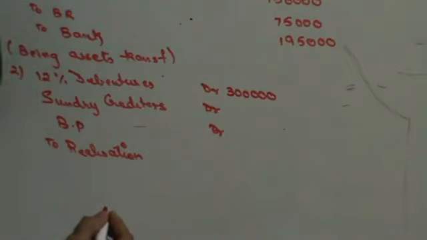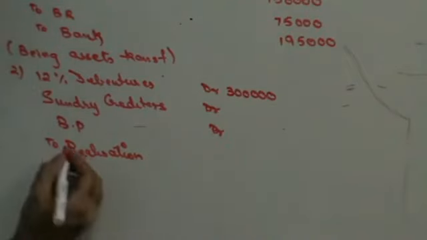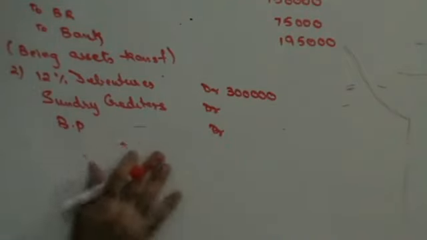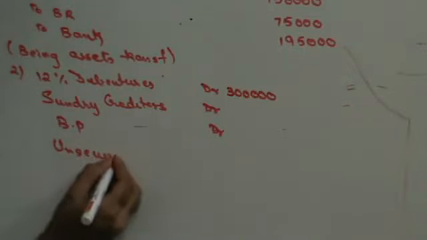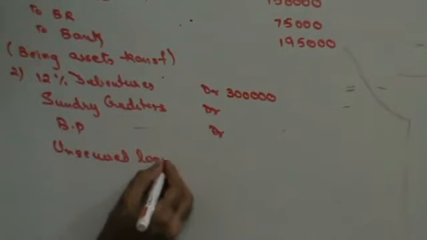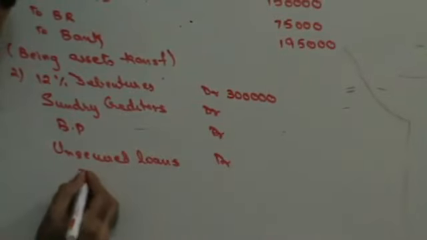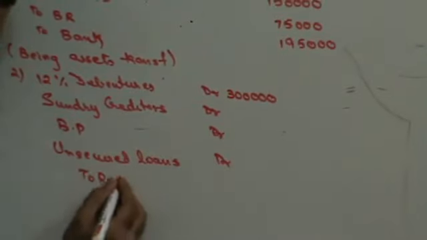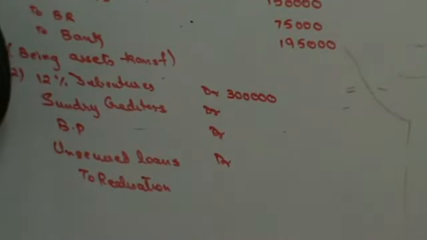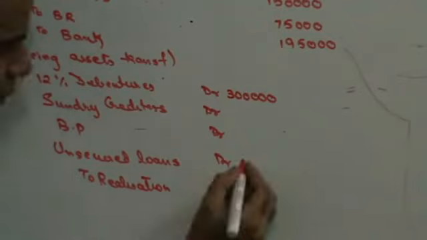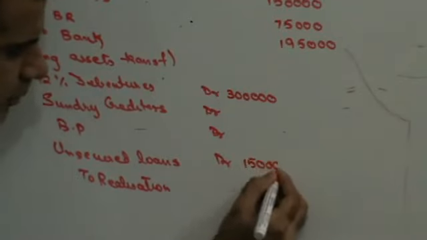Sorry, debentures are 3 lakhs. There's also an unsecured loan. You also have unsecured loans. Unsecured loan debit to realization. Right? Now, debentures are 3 lakh. Unsecured loan is 1,50,000.